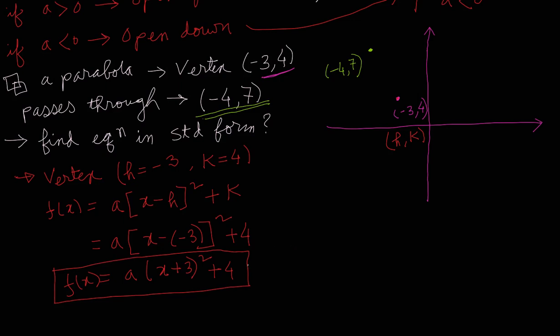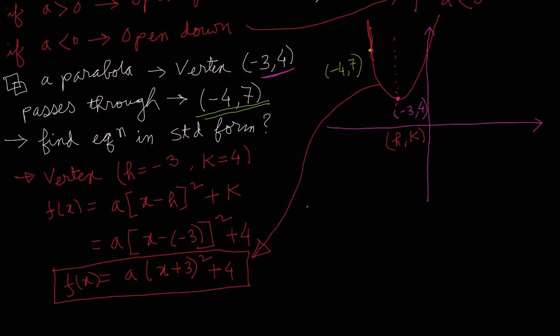Also notice, if I try to plot it, this is the vertex and my parabola passes through this point, so let me preliminarily plot it. That's how my parabola is going to look. It passes through this point, and this is the equation of my parabola.